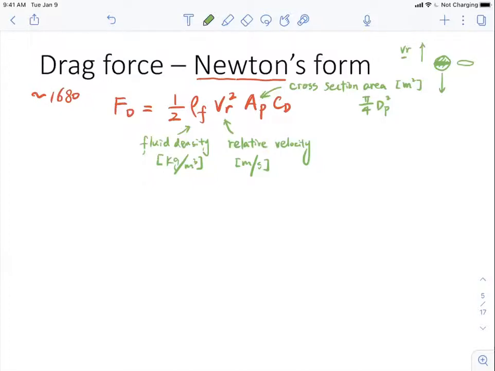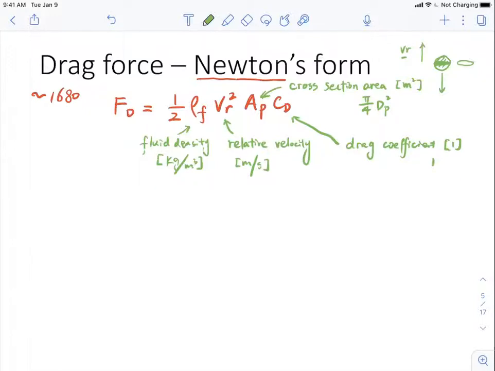And then C_D here is what people call the drag coefficient. This drag coefficient is unitless; it doesn't have any unit. At Newton's era, he found that we can just plug in 1, a constant, in this drag force expression.